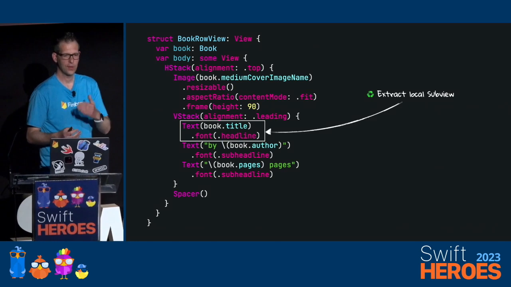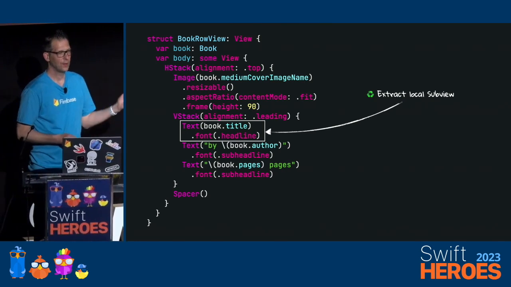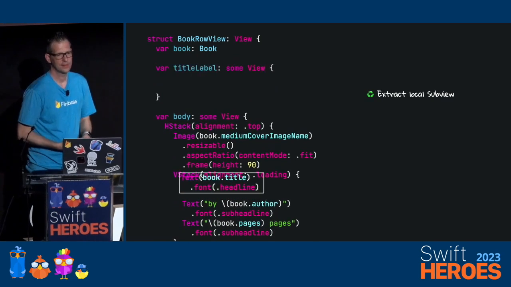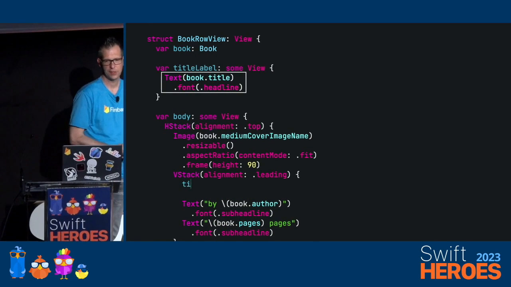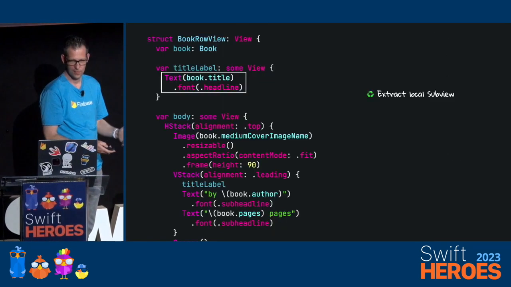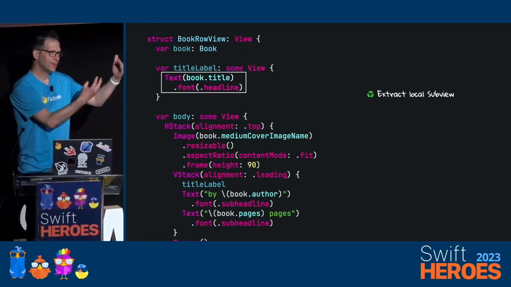All right, so now let's do more refactorings. First of all, I want to refactor this text label here and put it into its own subview. So what I'll do is define a new local property, a computed property. I'll say this is some view, and I'll just move the code up there.